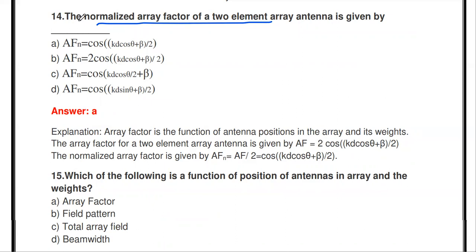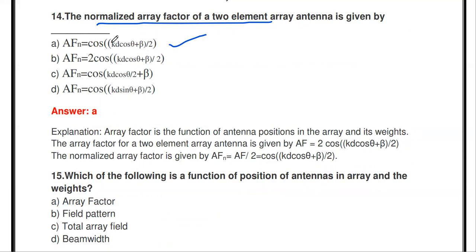Here the question is the normalized array factor. The normalized array factor is nothing but the array factor divided by the number of elements. What is the number of elements? 2. So AF divided by 2 is equal to cos of (k d cos theta plus beta) divided by 2.